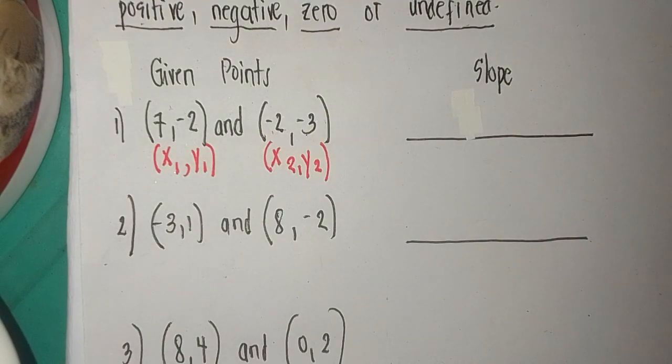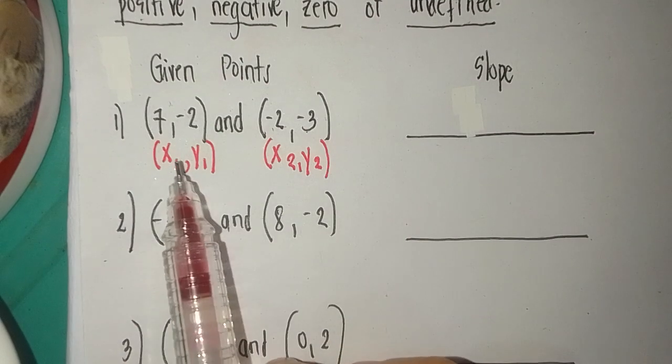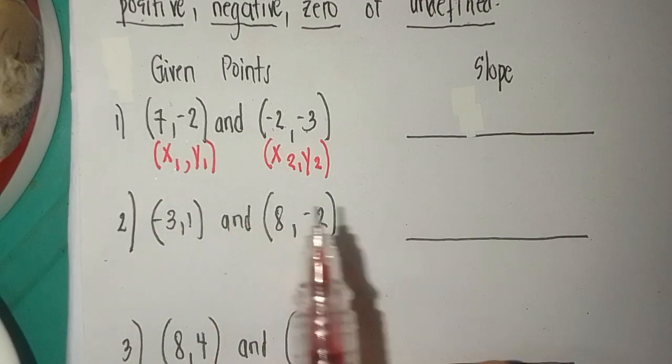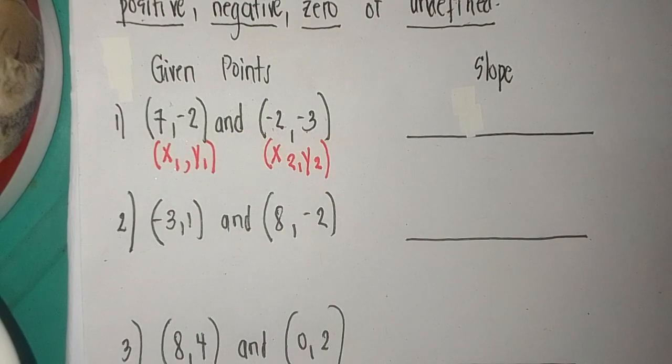Because in substituting the given to the formula or the equation of the slope, it will still arrive with the same answer for our slope. So let us try. Since we are done labeling x sub 1, y sub 1, x sub 2, y sub 2, we can proceed in substitution.